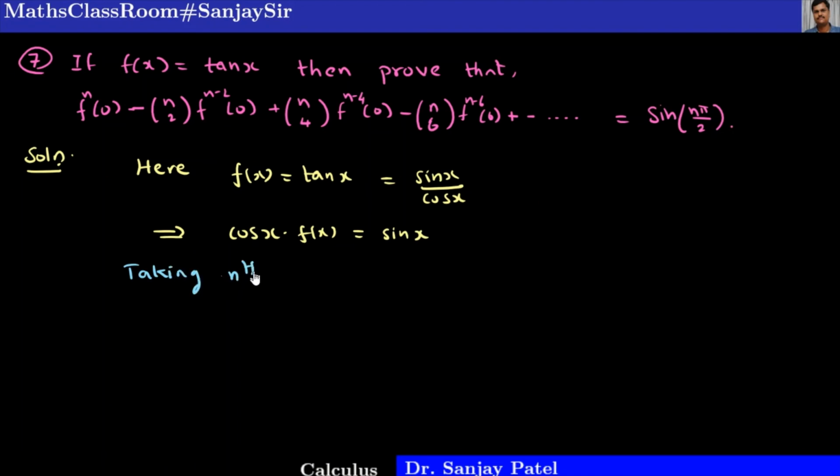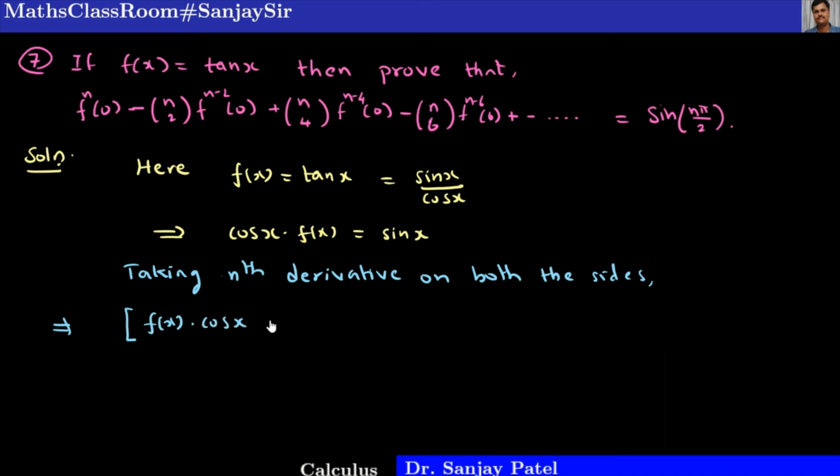So taking nth derivative on both the sides, what we get is the nth derivative of f(x) into cos x is equal to the nth derivative of the function sin x.